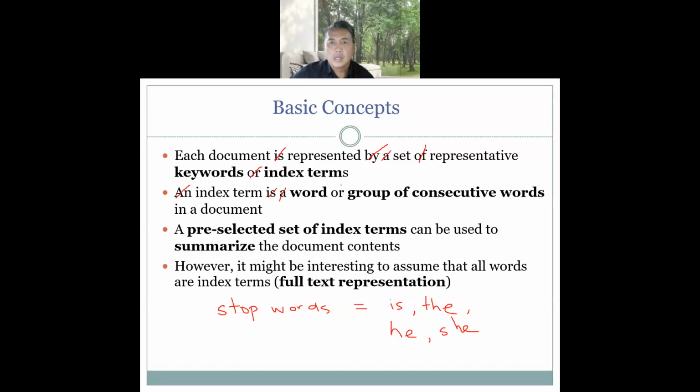Okay, so this is all the stop words. I can use all of this to represent this page, but I will remove all the stop words. This is to reduce the number of terms that I can use to index the document.